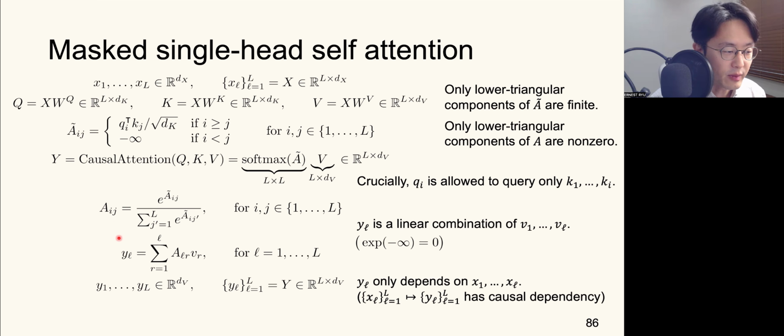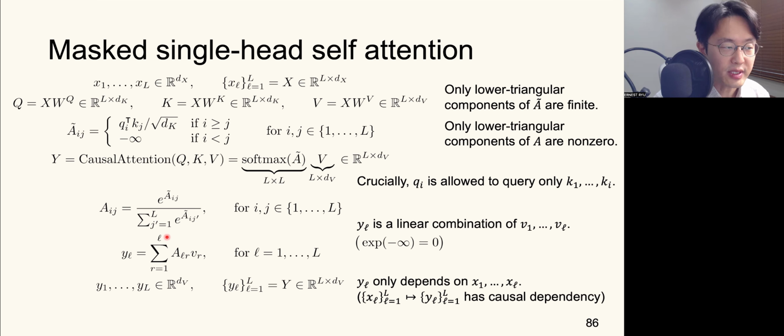Now, because of that, when we form the output y_l, it can be written as a summation which looks like the same thing as before, but the summation index runs from r equals 1 up to little l.